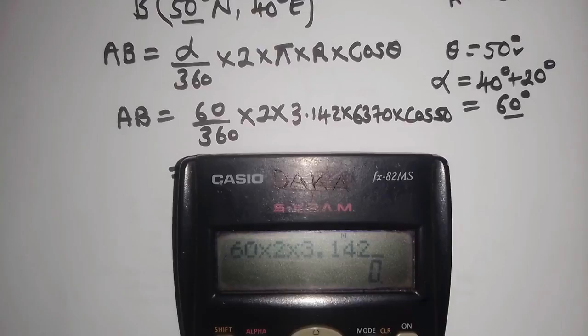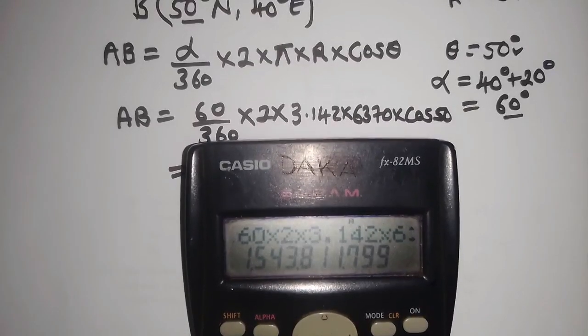So be careful when you're punching, times 6370 multiplied by cos 50. So cos 50. Okay. Now once you get this answer, you divide.